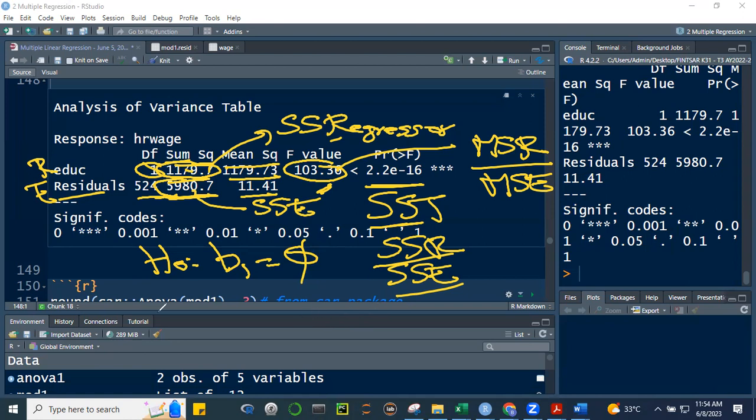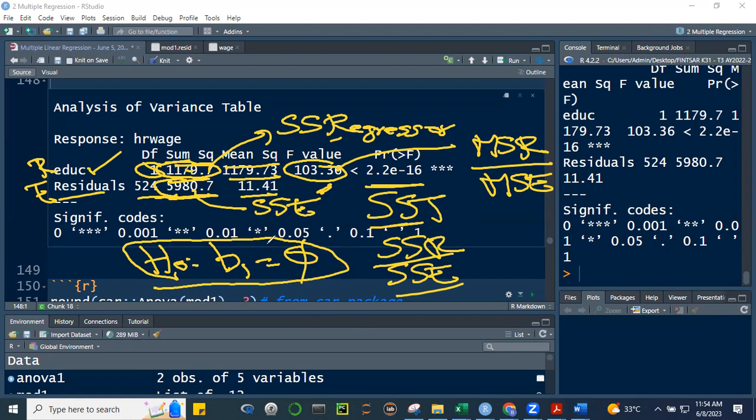What does this say? That you don't need to use education as a regressor to explain your hourly wage. B1 can just be 0. So what model do we have left? Just use hourly wage to explain hourly wage, which I'm going to explain in a while.